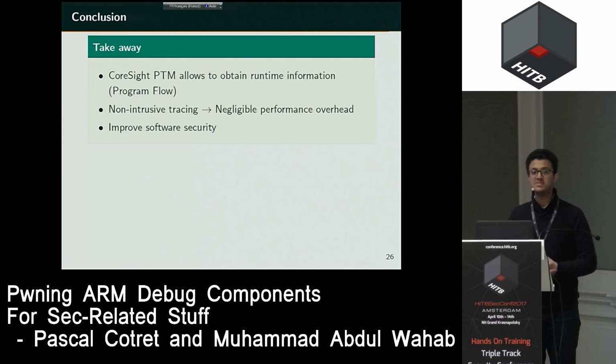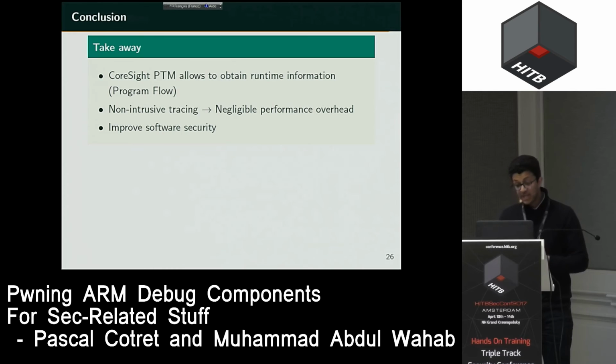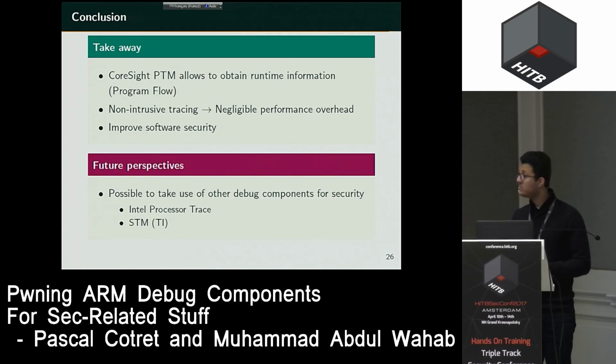You can use CoreSight components to obtain information about program flow changes in a program. And it is non-intrusive because there is negligible performance overhead depending on your configuration of CoreSight components. It allows to improve software security by implementing dynamic information flow tracking, for example. In future work we will consider other debug components, to see whether they can be used to implement dynamic information flow tracking. This will allow us to port our approach to other hardcore CPUs.